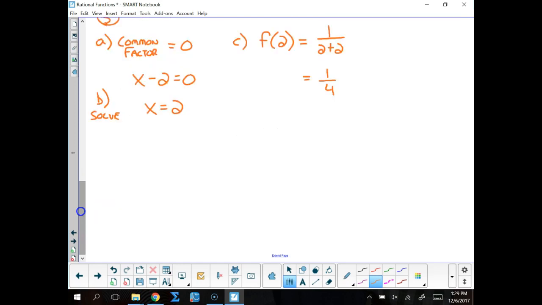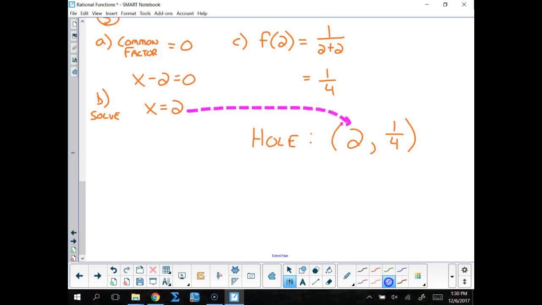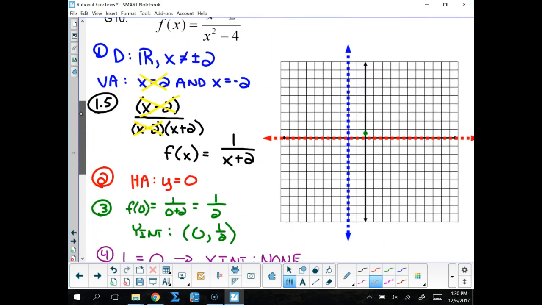So the hole is at the point 2, comma, 1/4. On my graph now, I go to the point 2, comma, 1/4, and I physically put a circle there. That's my hole.